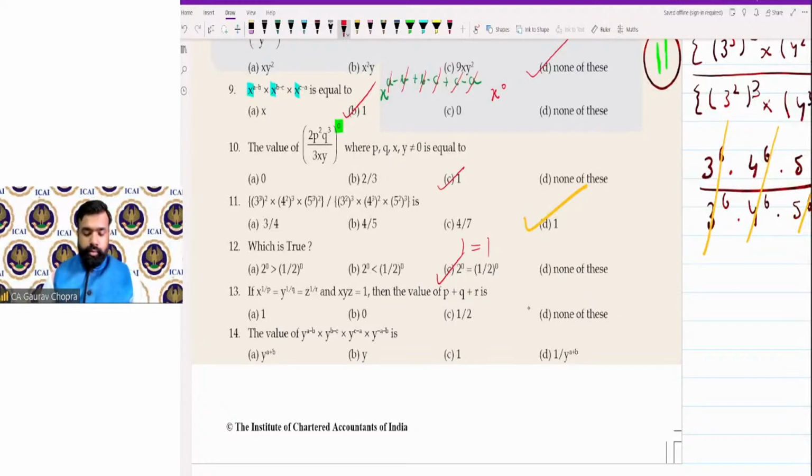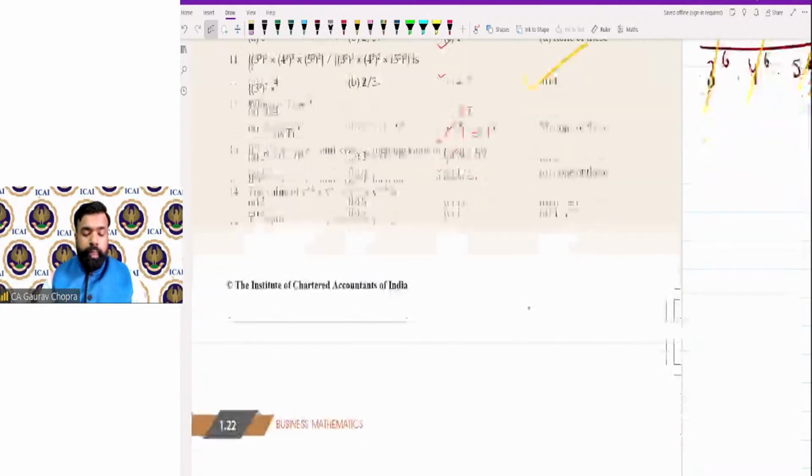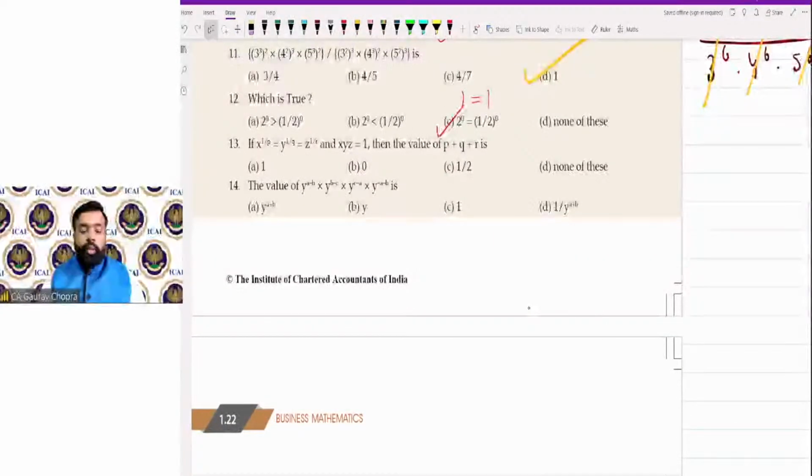Great. Now the next one. Next is x to the power of 1 by p, y to the power of 1 by q, and z to the power of 1 by r. All are equal.